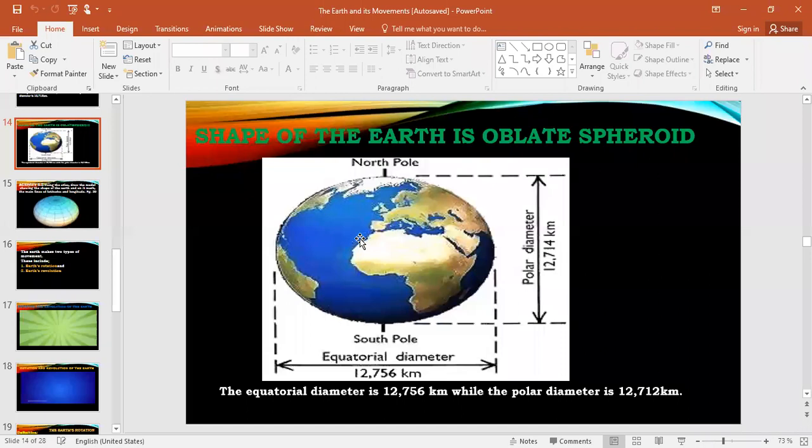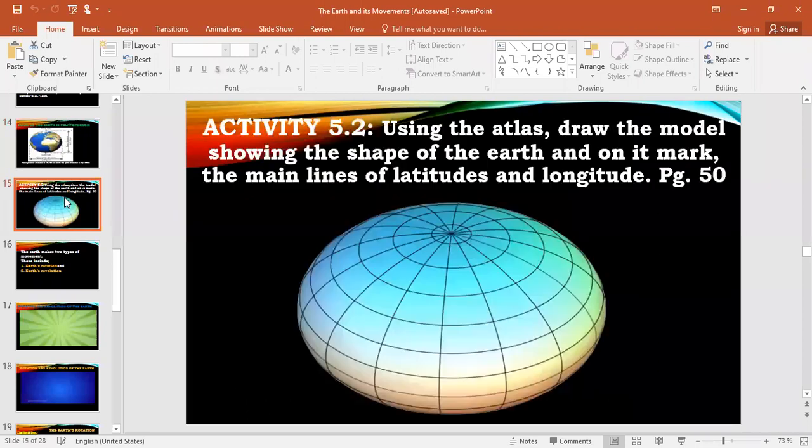Just draw and indicate the equatorial diameter and then the polar diameter. As simple as that. Don't make your life complicated. So our time is up. You can proceed with the discussion.